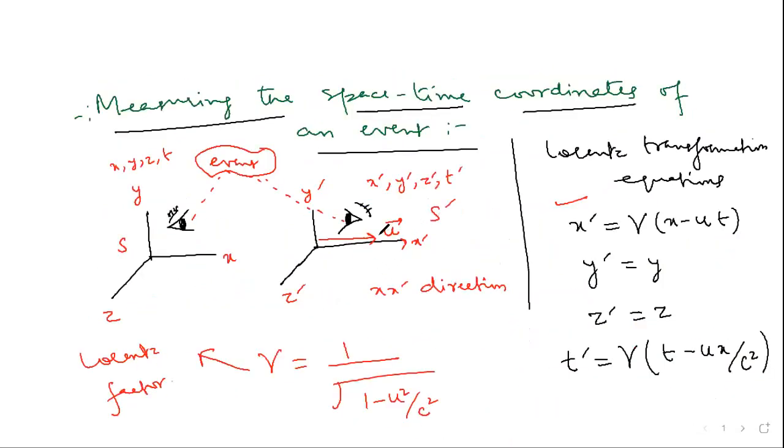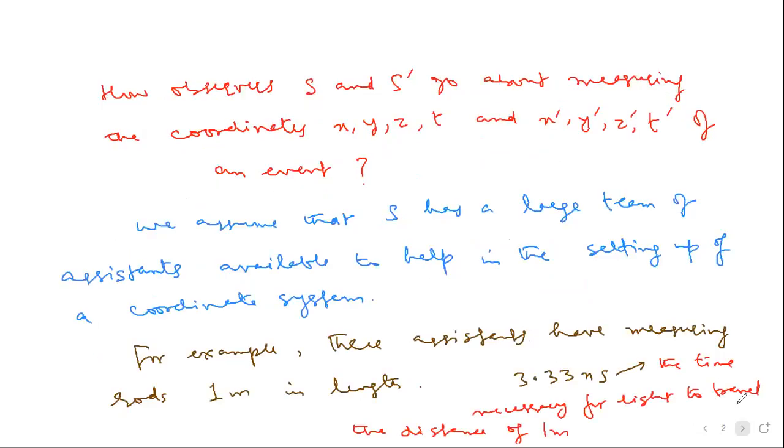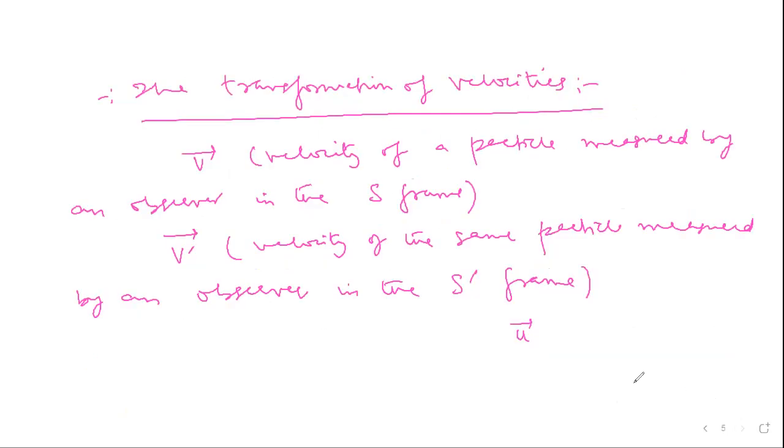So observer S prime is moving with velocity u relative to observer S. Now our goal is to relate the velocity of the particle measured by an observer in the S frame to the velocity v prime of the same particle measured by an observer in the S prime frame. Now to do this, we'll make use of Lorentz transformation, right? So let us move forward.